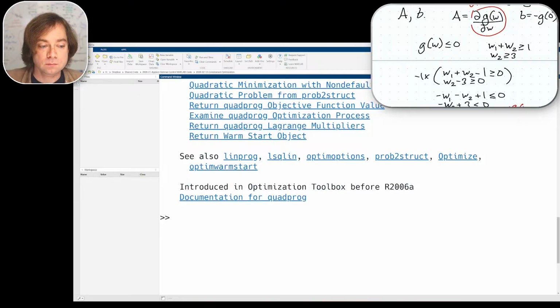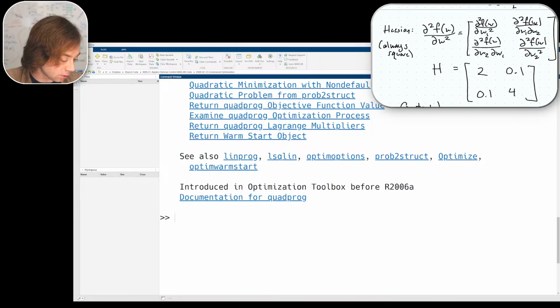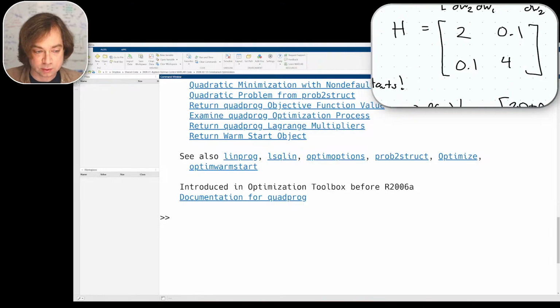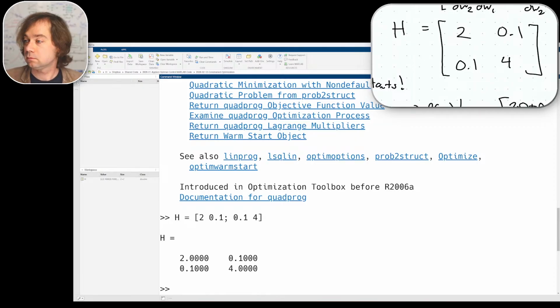Okay. So let's define our various matrices and vectors. So here's H. H is equal to [2, 0.1; 0.1, 4]. There's H. Now, is this a convex matrix? Is this a convex optimization problem? How do we check?